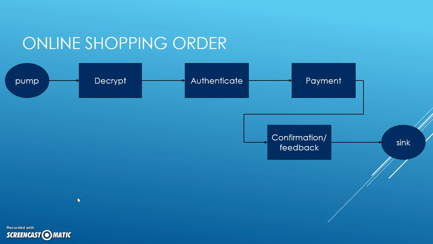So we need to transform a stream of encrypted messages containing authentication information into a simple plain text confirmation. This is how the pipe and filter architecture is applied: we get the stream of data, we decrypt it and authenticate the information, payments are made, and the confirmation and feedback message is sent to the user. So a stream of order messages is converted into confirmation feedback and sent back to the user. This is another example of the pipe and filter architecture.